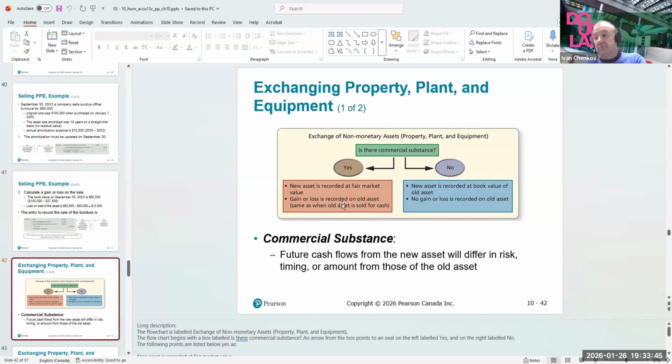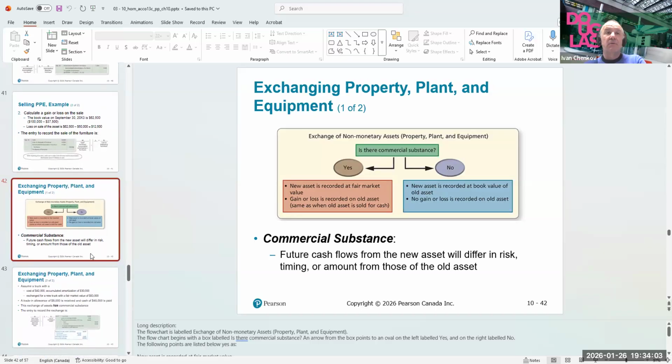The old asset is going to be cleared from the account. We're going to clear the accumulated amortization, and we're going to see, do we have any gain or loss on the old asset? And that's how we do it.